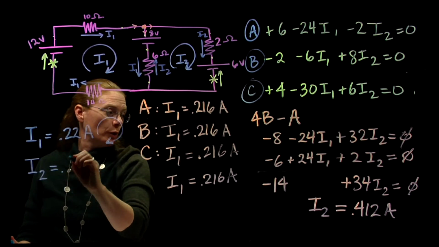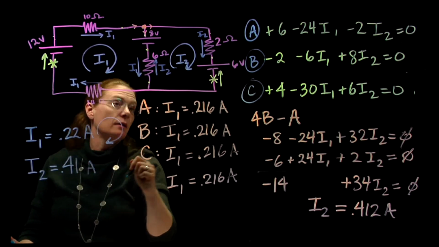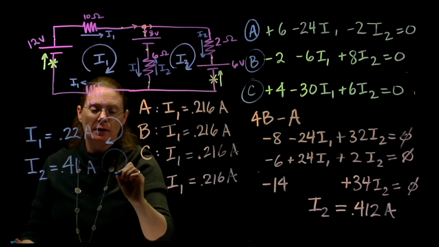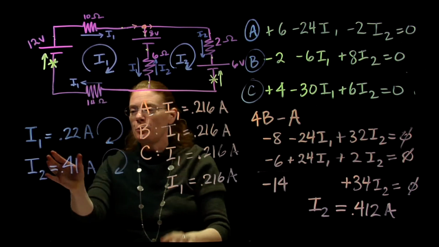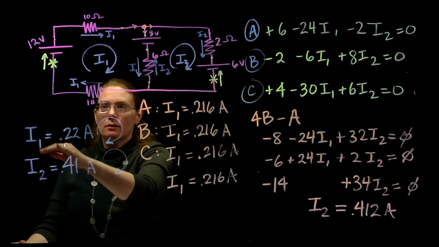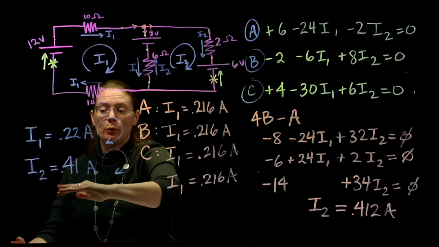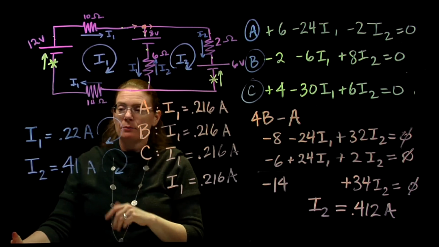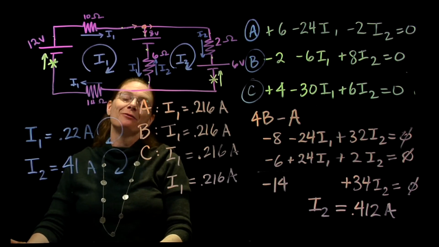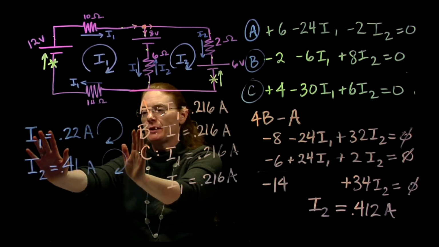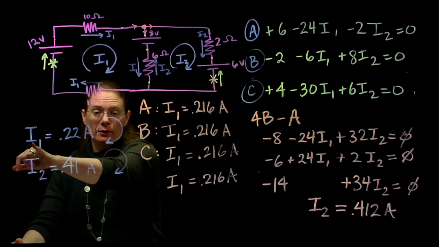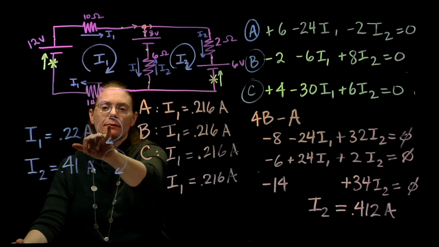Round that off to 0.41 amps, and the direction, we had it right, was clockwise again. So that would be one way to show the answer, because you've defined I1 and I2 in your picture, and then you've given me what I1 and I2 are. I know everything about this circuit, or I can figure it out. So this is a good way to give your answer. Give me what the current is, what the value is, and the direction.